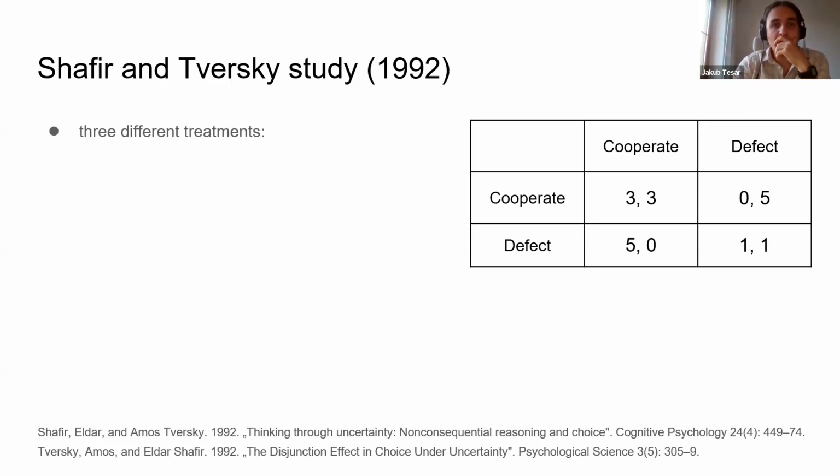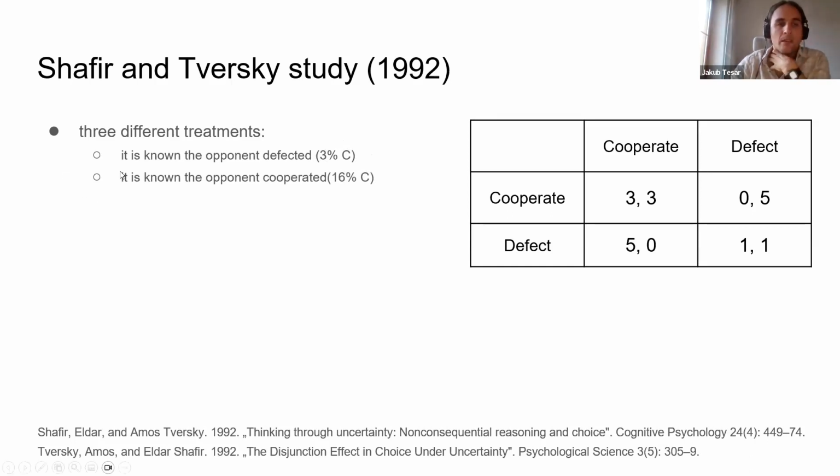In the first treatment, they told them that the opponent had defected. In this case, 3% of them were willing to cooperate back. So they were like altruistic: even though I'm defected on, I will cooperate.